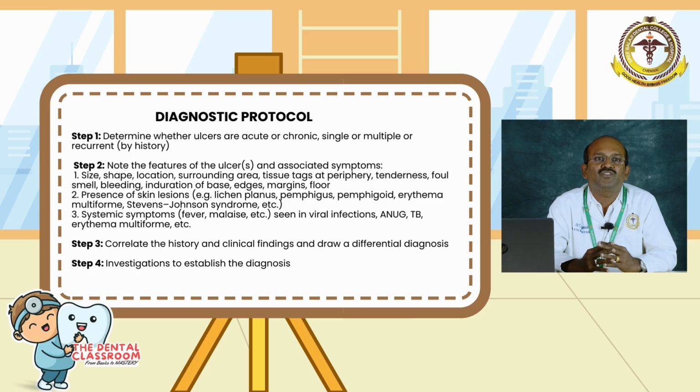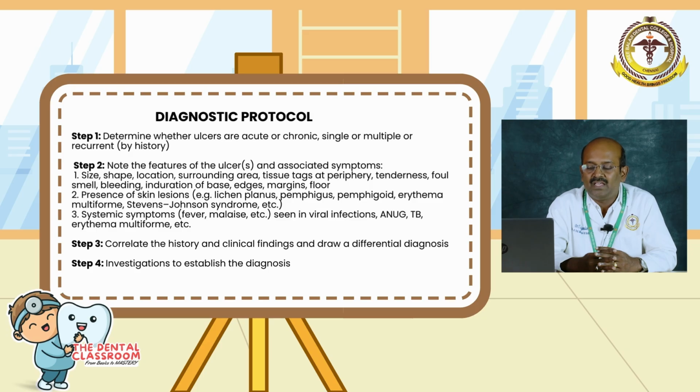Then next is the presence of any skin lesions, like lichen planus, any systemic dermatologic diseases such as pemphigus, pemphigoid, etc. Next are systemic symptoms like any fever or malaise, that is what you call prodromal symptoms, or whether they are associated with these ulcers.